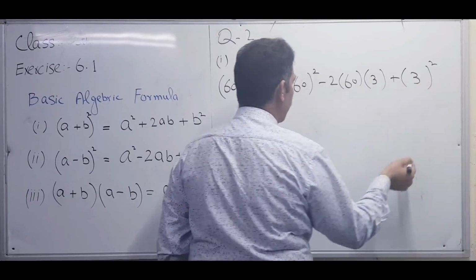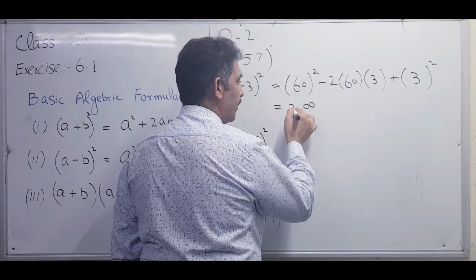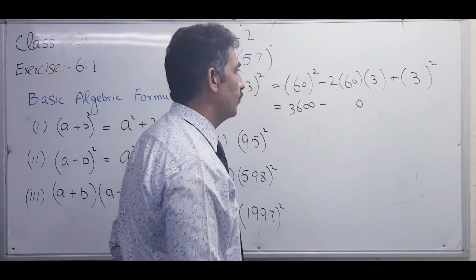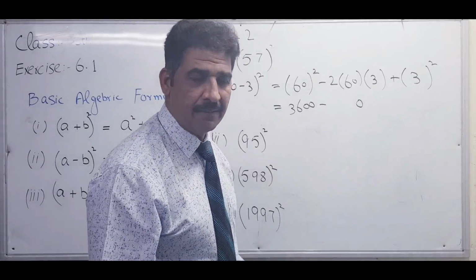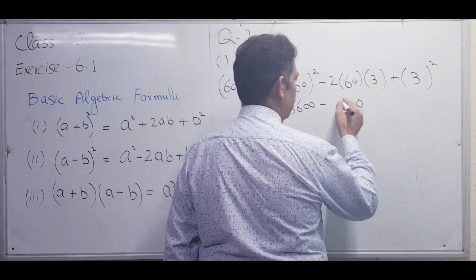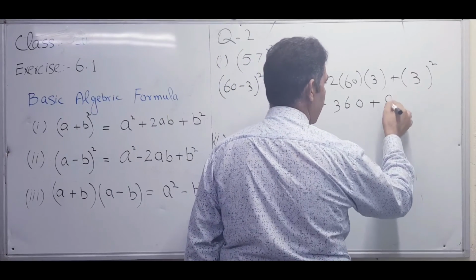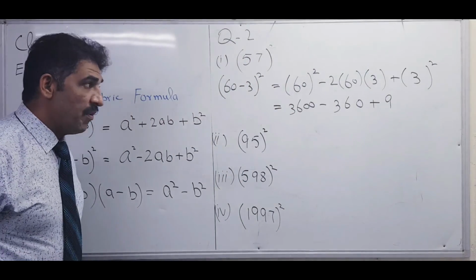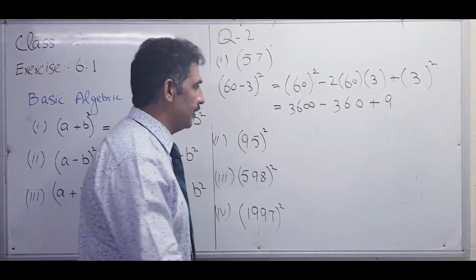Simple. And then simplify. 6 6s are 36. This 0 will be the same. 6 2s are 12, 12 3s are 36. Plus 3 3s are 9. First we will subtract, then after that add 9, then we will get the result.